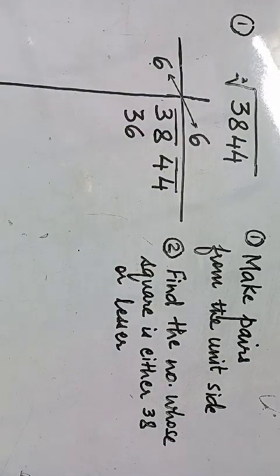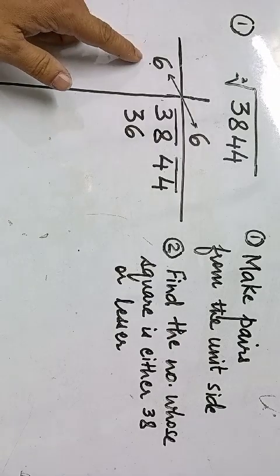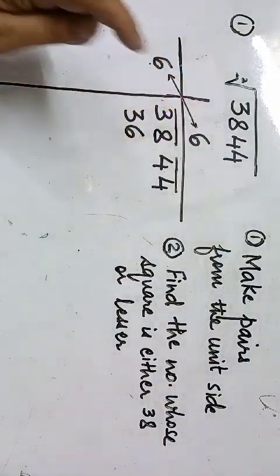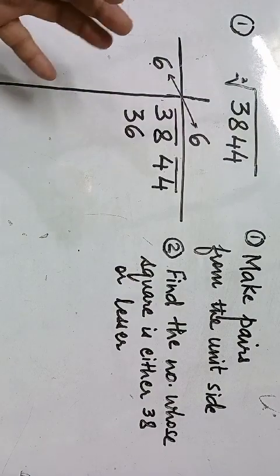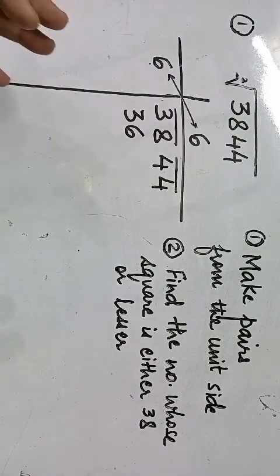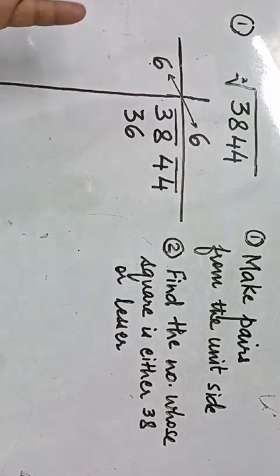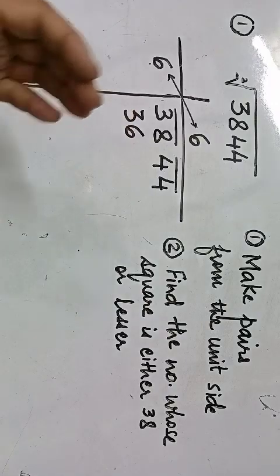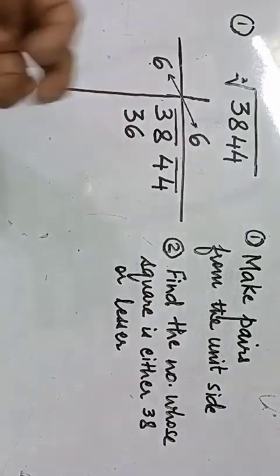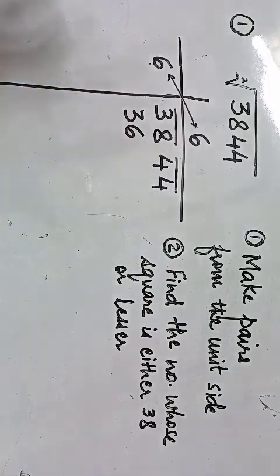It is here that students generally make mistakes. They use 6 sevens or 5 sixes. We cannot use that, because essentially what we are doing is finding the square root, and finding the square root is the opposite process of squaring numbers. When you square numbers, you multiply the number with itself and not with a different number.